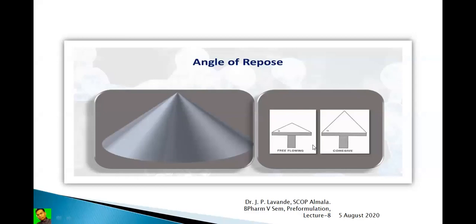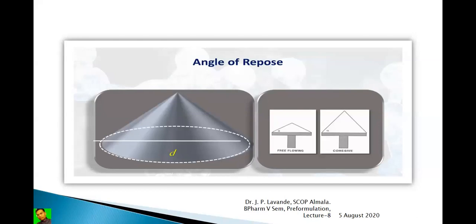It means that if the height of the cone is less and the angle is less, then the powder possesses good flow property, or is free flowing. Contrary to this, in this picture the height is too much, and definitely the angle will be more. So this indicates a cohesive property and no free flowing property, which may need the addition of glidants.